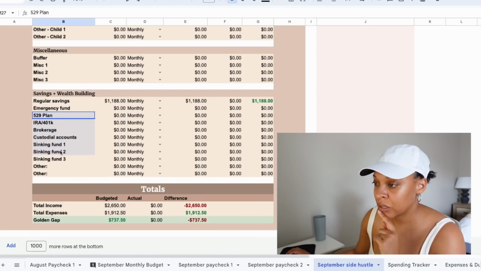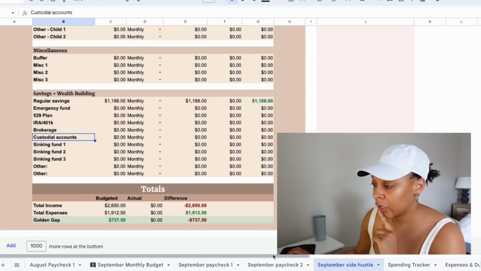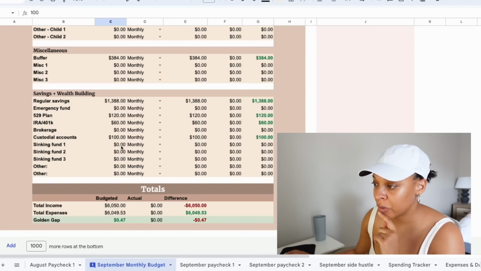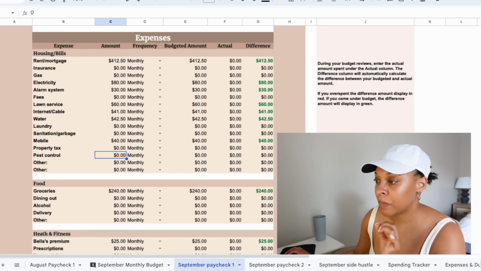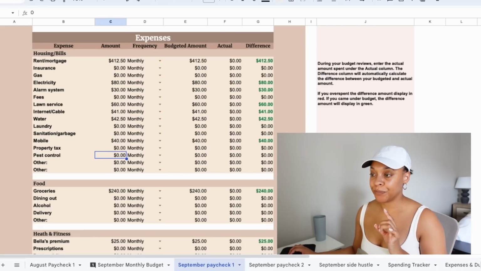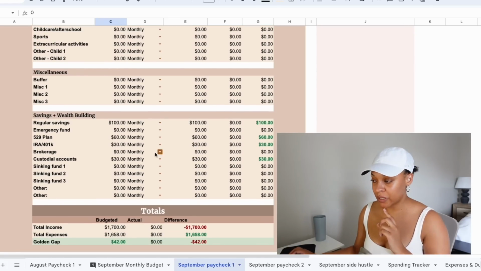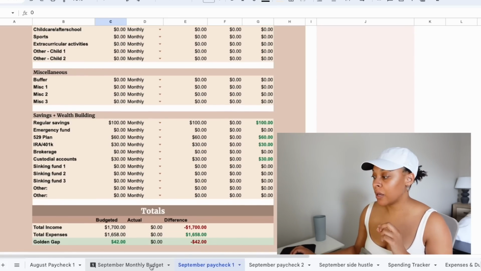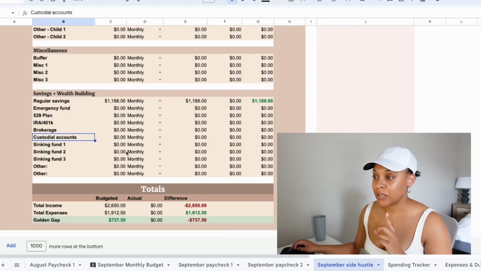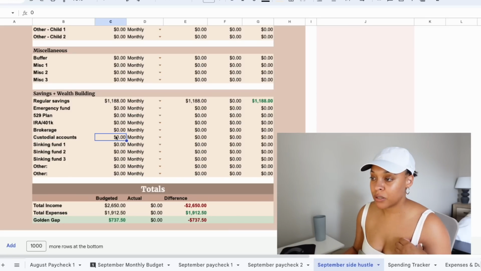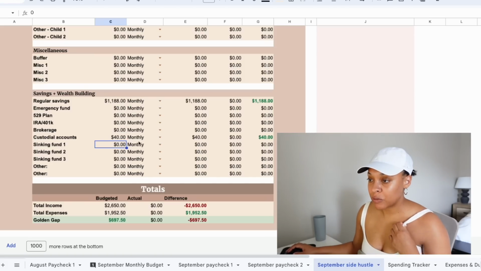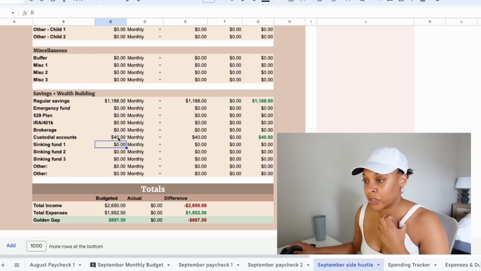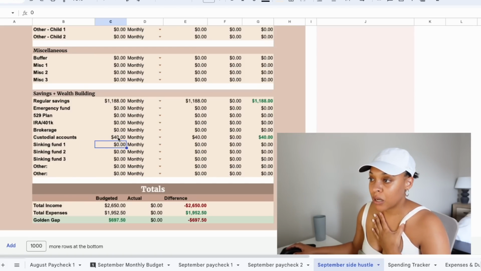All of these I think were good to go besides custodial accounts. If I only budget for $30 a paycheck, which is right, so $60 a month, I need an additional $40 to get to that 100. So I know I need to pull $40 and put it into this custodial account.